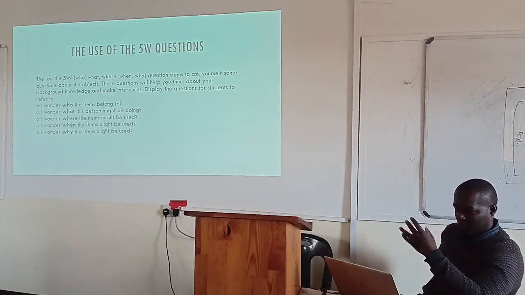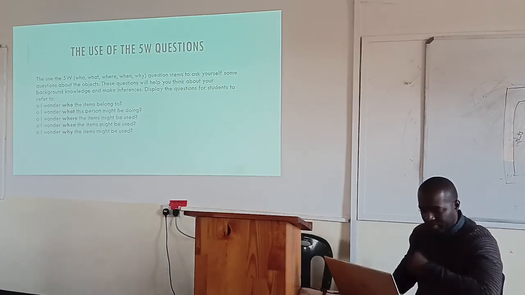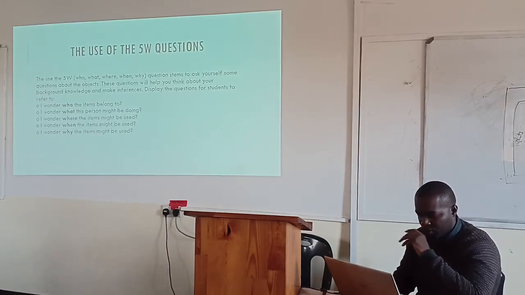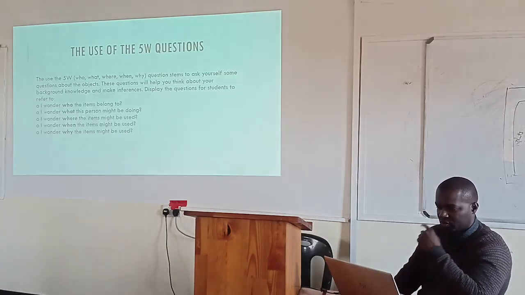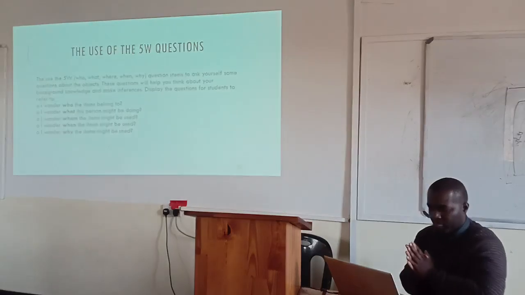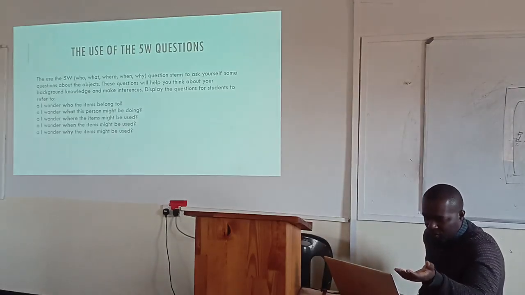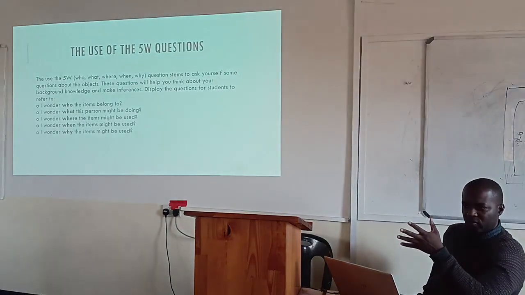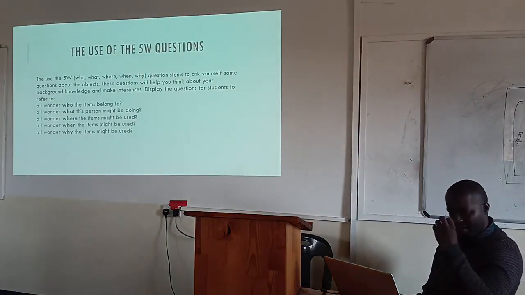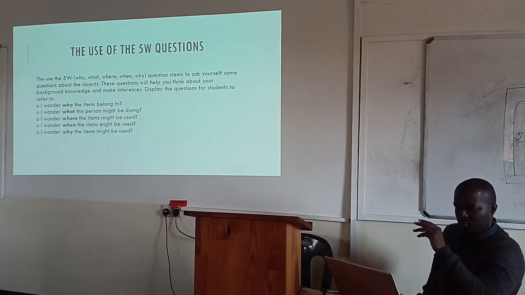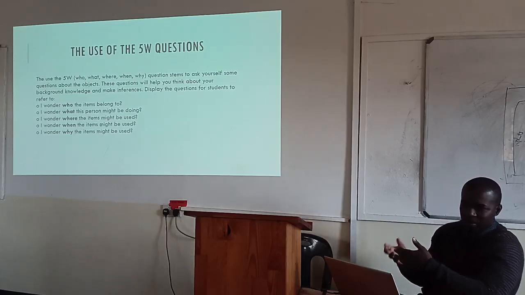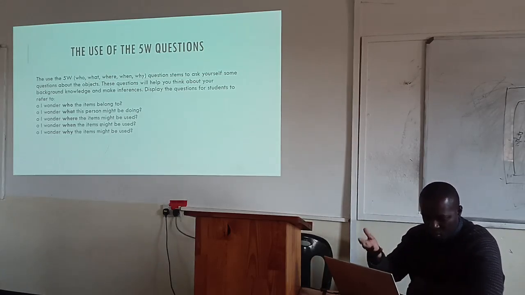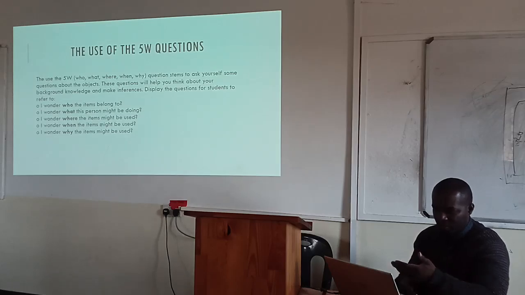So you can test yourself. You use the 5Ws when you have the details. Then ask yourself, like here, who do the items belong to? It's all to try to have a clue, to say, okay, this could be this. So you could try to ask one of the questions. You ask who, you ask what, if it's a person.